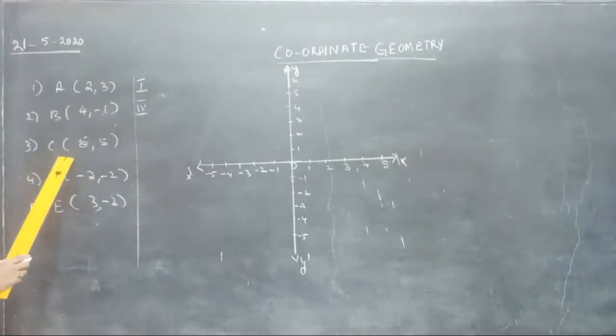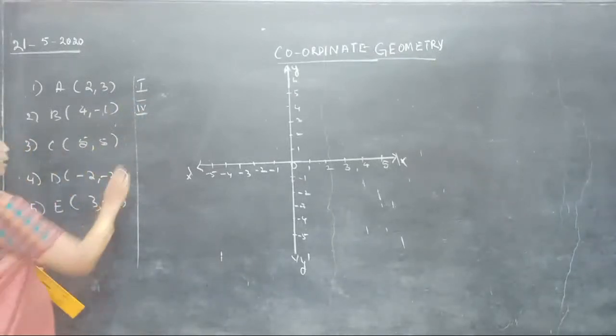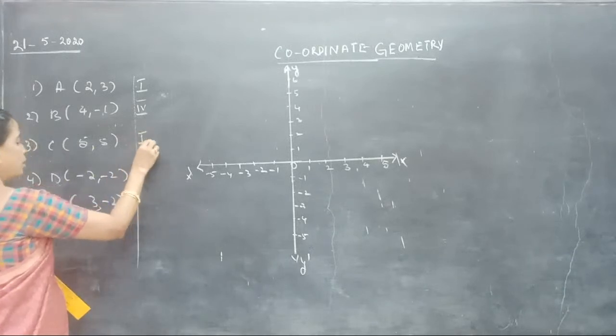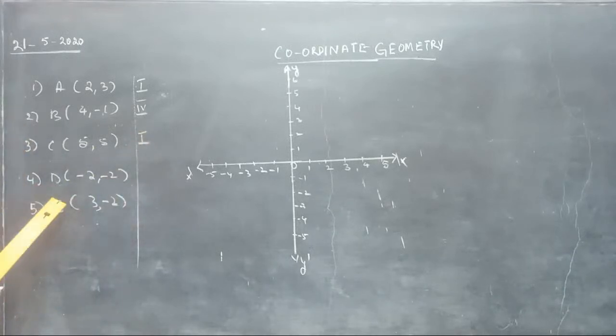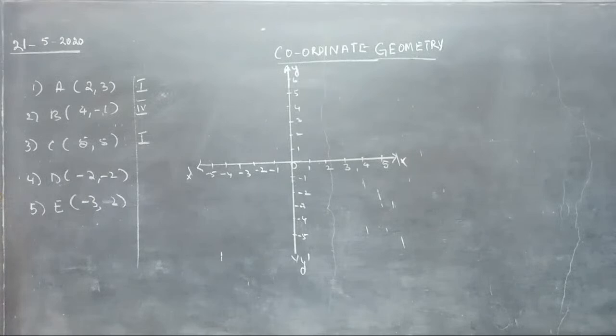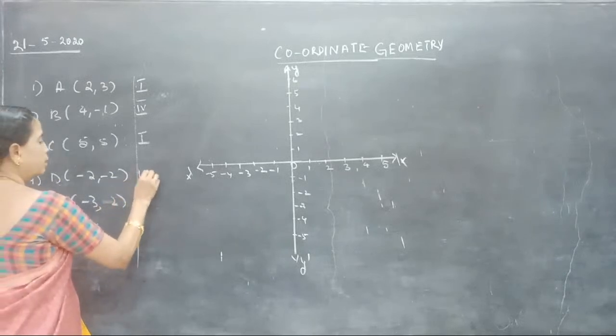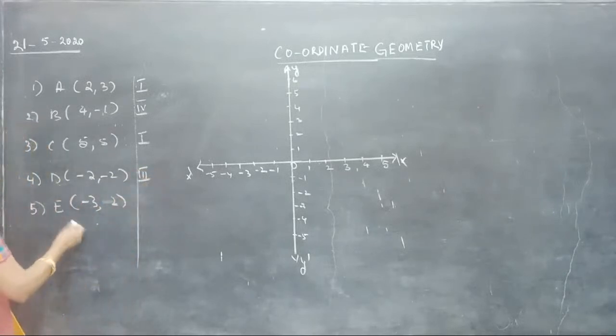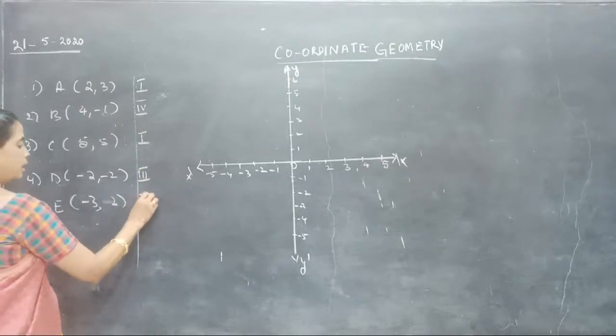Third one, both are positive, it lies in the first quadrant. Then let us change this point, because a second quadrant point I didn't insert here. Now the point D, both are negative, that means it lies in the third quadrant. Fourth one, negative plus, so it lies in the second quadrant.